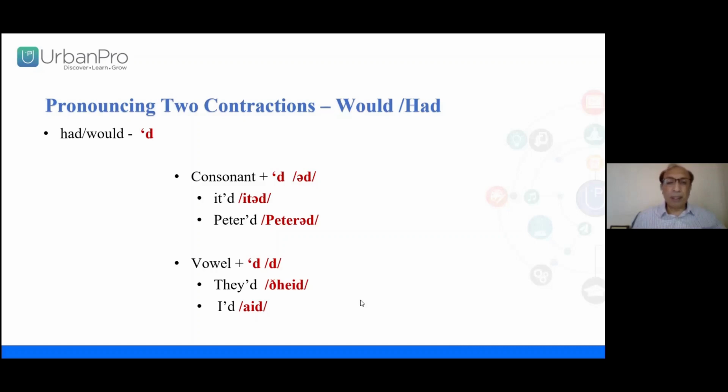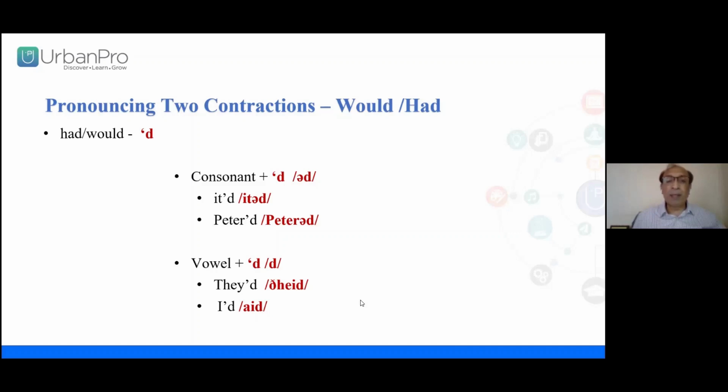For example, "it would" would be pronounced as "it'd". "It would", "it'd". "Peter had", or "Peter would", "Peter'd". So it's a schwa sound followed by a d sound.